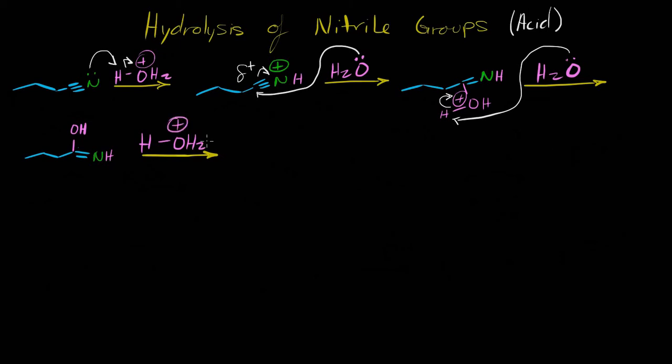So what is the best base now in solution? Well, it's going to be nitrogen. Nitrogen versus oxygen. Nitrogen is usually going to be more basic, and so we're going to let those electrons on nitrogen pull off that proton. And we can now draw our next of many intermediates.